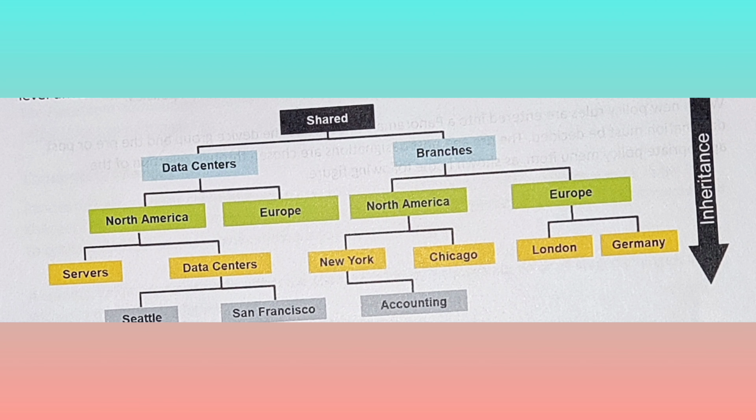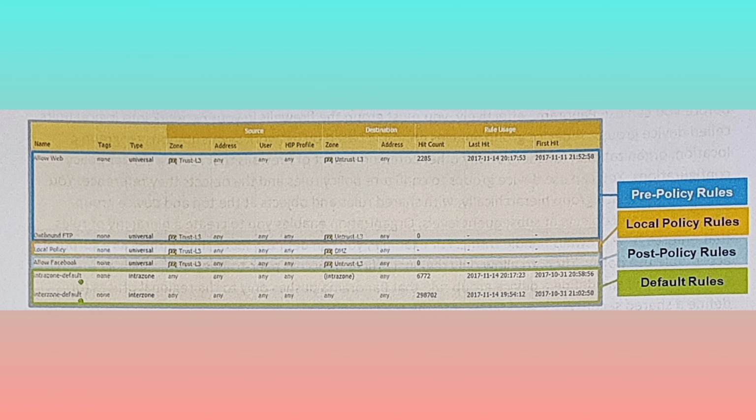For example, you could configure shared settings that are global to all firewalls, configure device groups with function specific settings at the first level, and configure device groups with location specific settings at the lower level. Without a hierarchy, you would have to configure both function specific and location specific settings for every device group in a single level under shared.